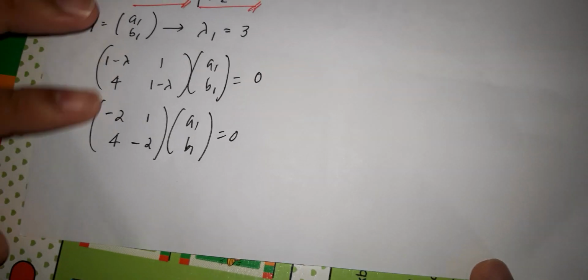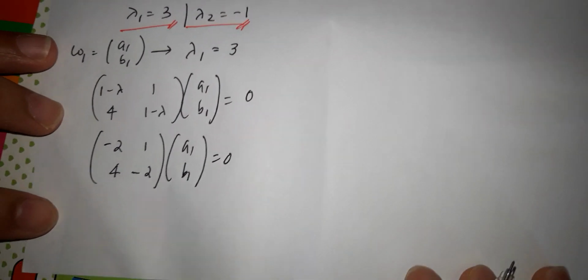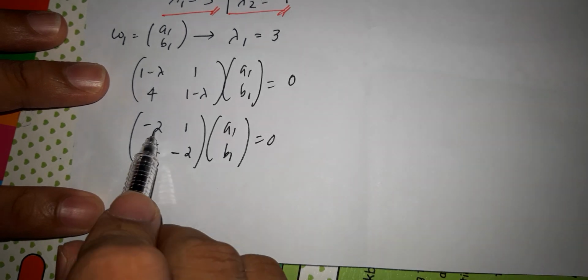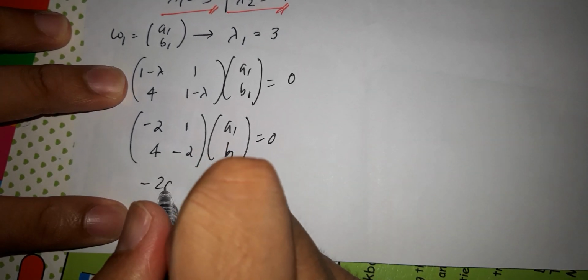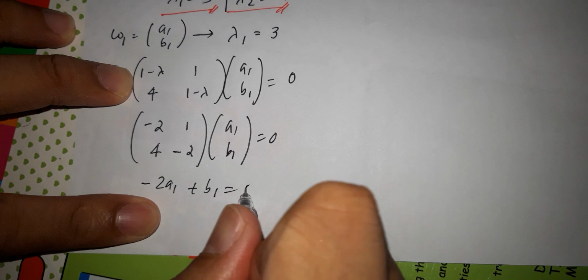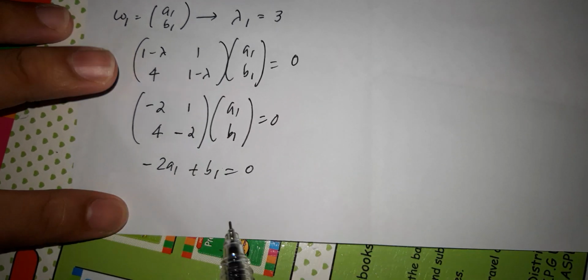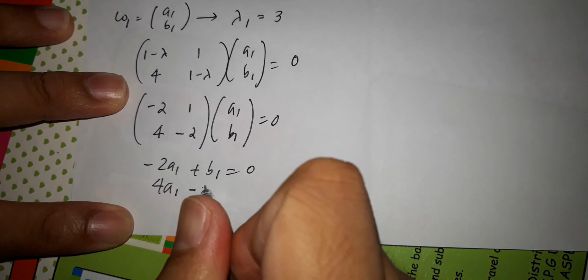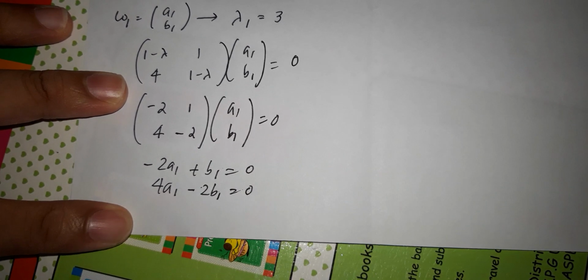Then, multiply na natin siya. Paano tayo ulit mag-multiply? Negative 2 times a1 plus 1 times b1 is equal to 0. Sa baba naman, that's 4a1 minus 2b1 is equal to 0, because this is negative 2 times b1.